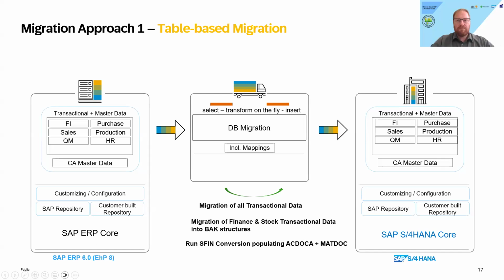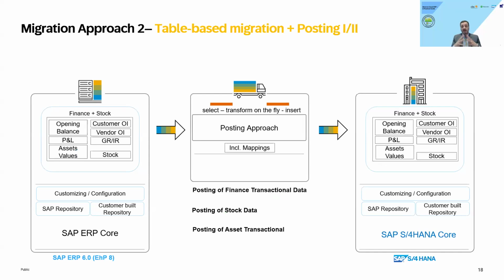The other approach is the posting approach, which is the traditional one. The advantage of the posting approach is that there is a validation of the data at the end of the posting, so the data is automatically validated, but it does not allow the migration of historical data that the table-based approach guarantees.